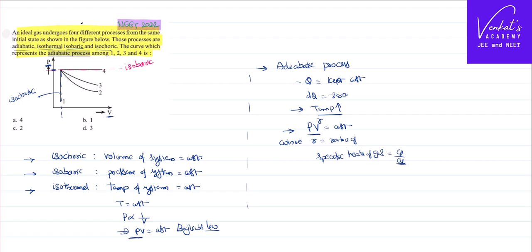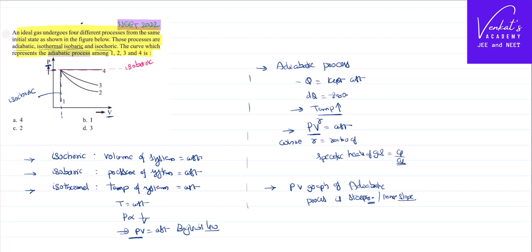So in isothermal, PV is constant. The graph is a PV graph, of course. In adiabatic, PV^gamma is constant. As an extra power gamma is there in the adiabatic process, where gamma is always greater than 1, the PV graph of the adiabatic process is steeper, having a higher slope, having more slope.